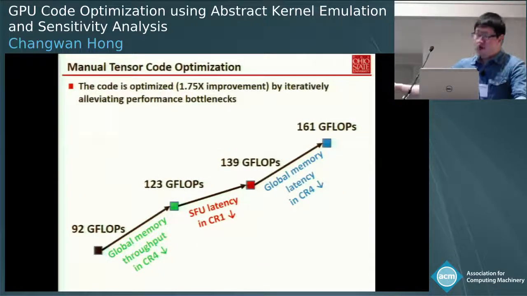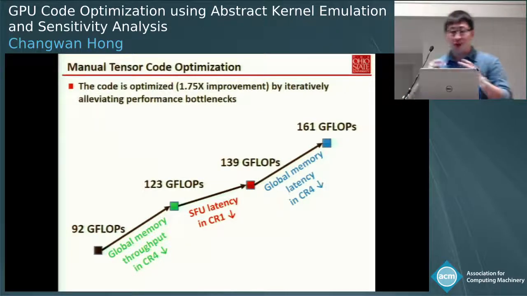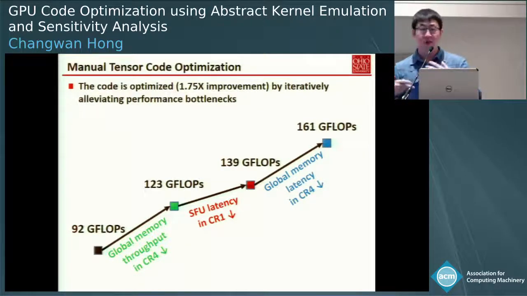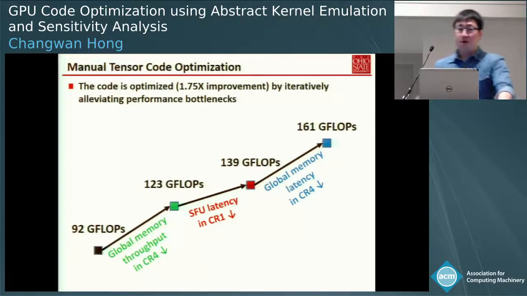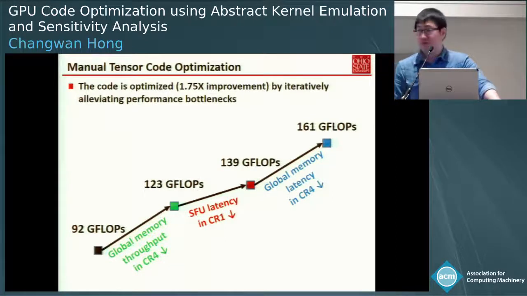As you can see, the initial performance is only 92 gigaflops, but by iteratively identifying and relieving performance bottlenecks, the final performance is 161 gigaflops. Let me show you how.